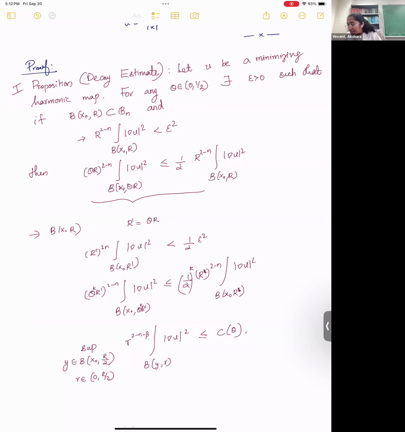So we use this decay estimate, iterate it multiple times to get a uniform bound over all balls around the point x0.